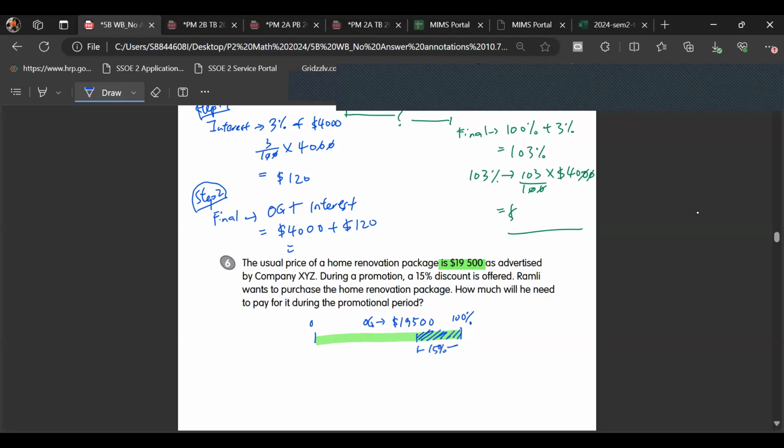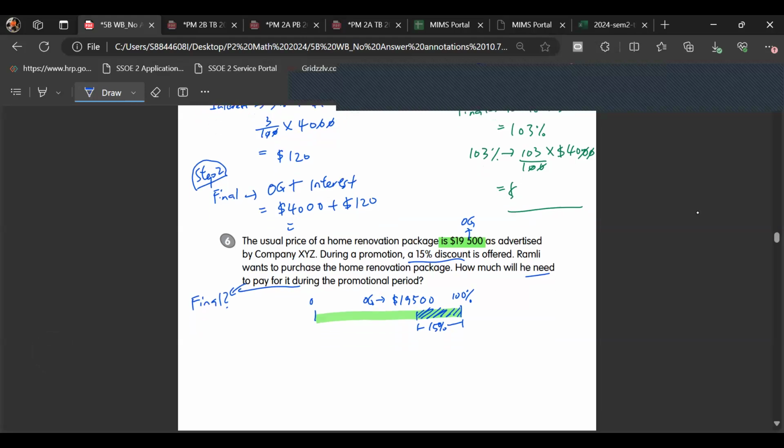Discount. So this is original, this is discount, this is what you need to pay at the end. So this is the final. And don't forget the units, okay? Check your units.